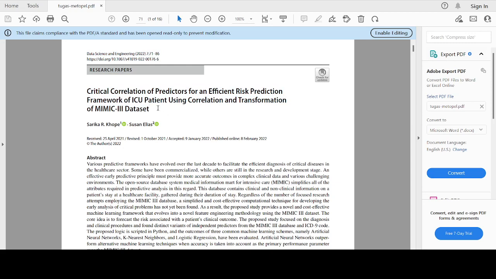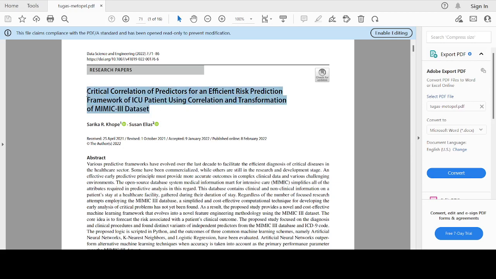So basically, reforming or processing the data so it can provide critical correlation of predictors for an efficient risk prediction framework.